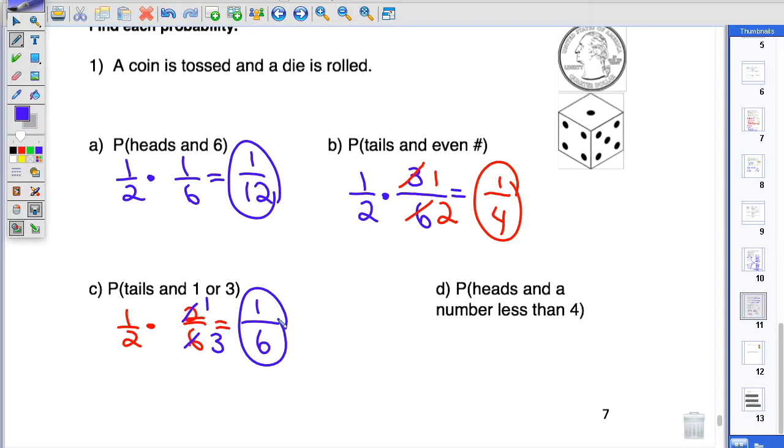D, the probability of heads and a number less than 4. So the probability of heads is 1/2 times a number less than 4. So that would be 1, 2, and 3. So that's 3 numbers out of 6. We can reduce the 3/6 to a half. Multiply. So your probability of getting heads and a number less than 4 is 1/4.